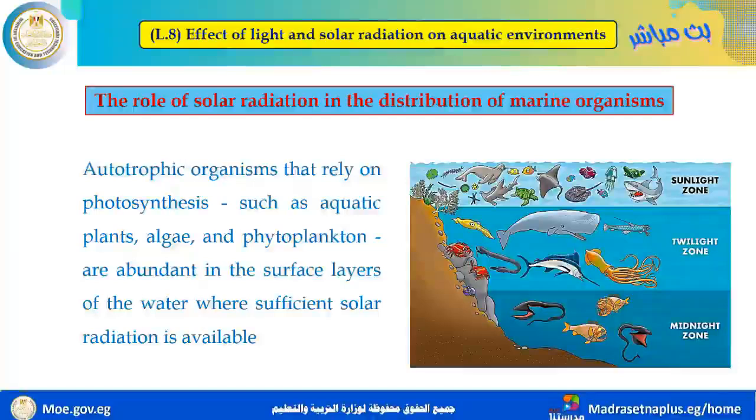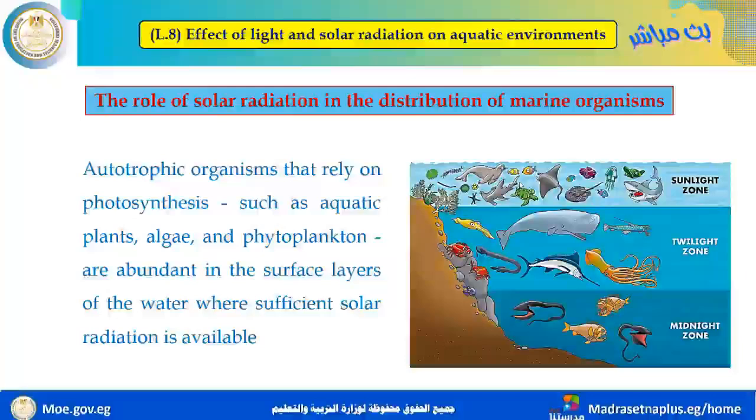So the autotrophic organisms that rely on photosynthesis, such as aquatic plants, algae, and phytoplankton, are abundant in the surface layers of the water where sufficient solar radiation is available. If you look again at the upper surface, or the sunlight zone, we can find autotrophic living organisms such as plants, algae, and phytoplankton.